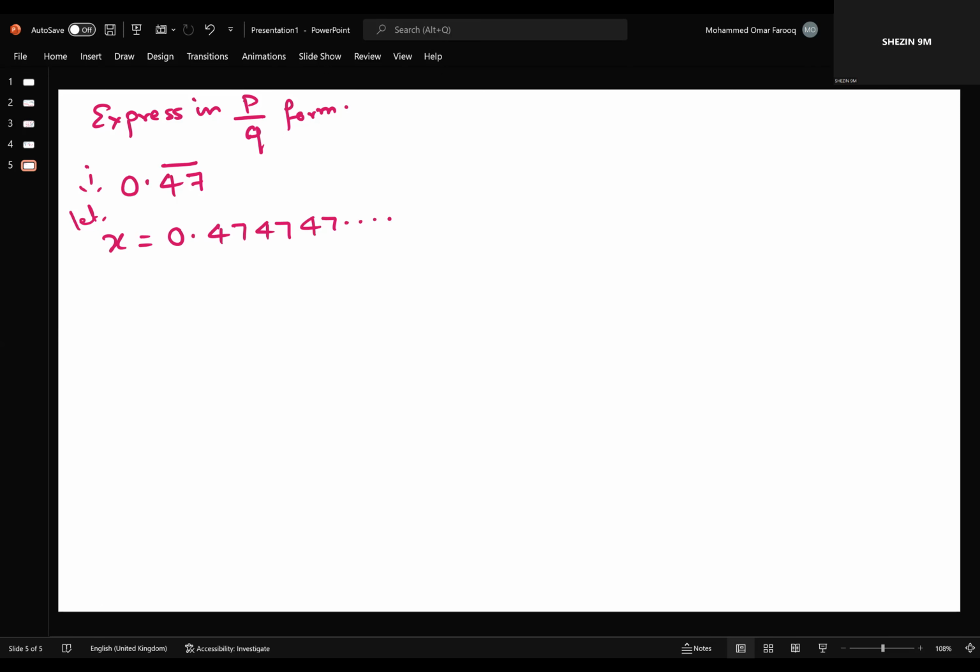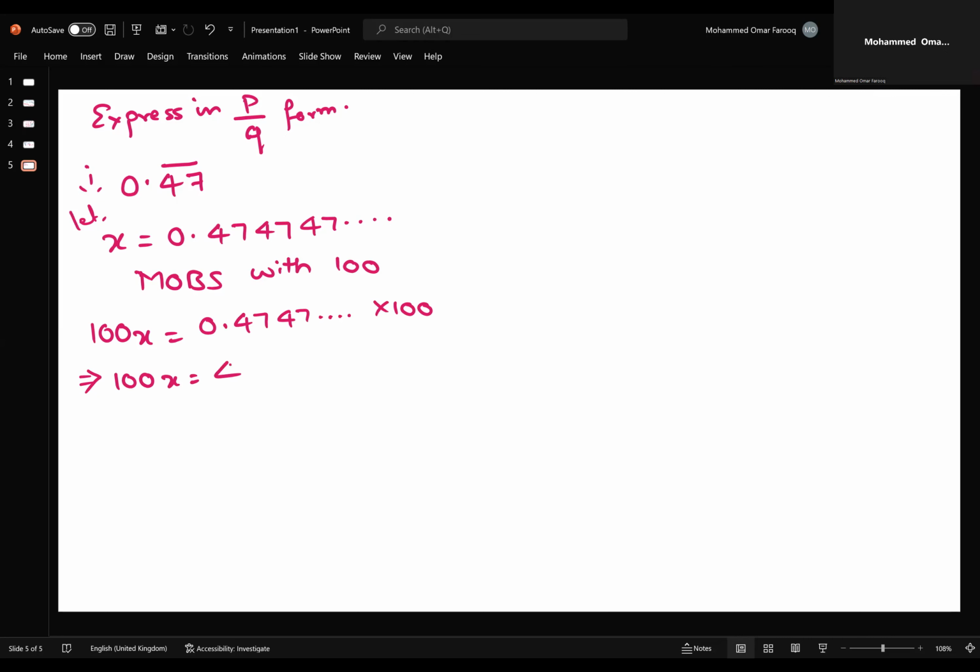This becomes 100x equals 0.4747 and so on multiplied by 100, so 100x is equal to 47.4747 and so on.